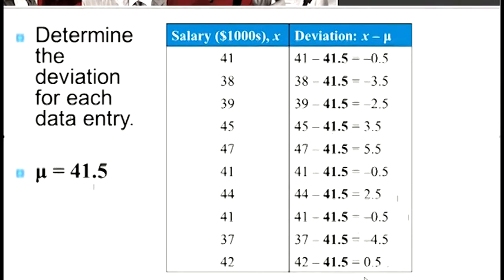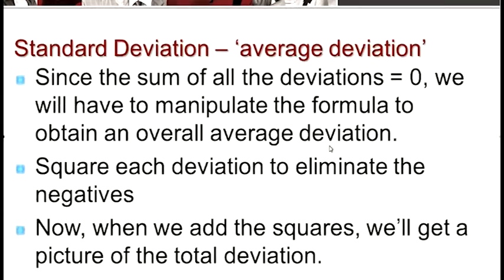So somebody got the bright idea a pretty long time ago to manipulate the formula to obtain an overall average deviation. The way they manipulated it was to square each deviation to eliminate the negatives, because a negative squared is positive and a positive squared is positive. So now if you add up all the squares, you get a picture of the total deviation.